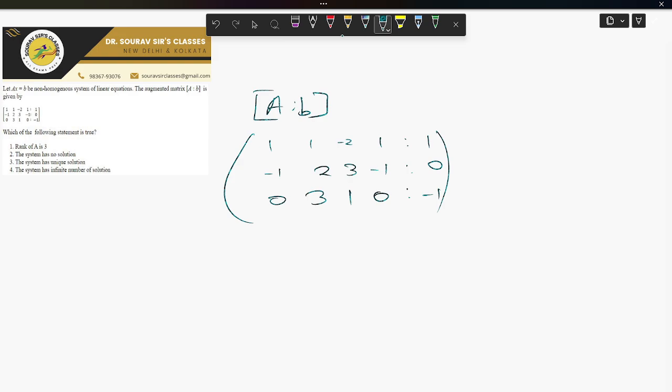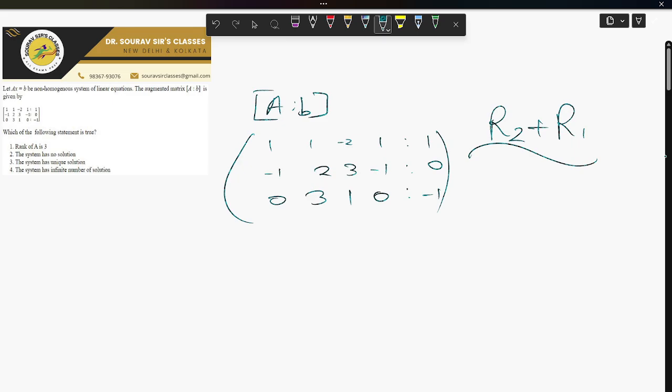Okay, so now what can be done here? So now we are adding row 1 and row 2. That means row 2 plus row 1. So then what will we get?